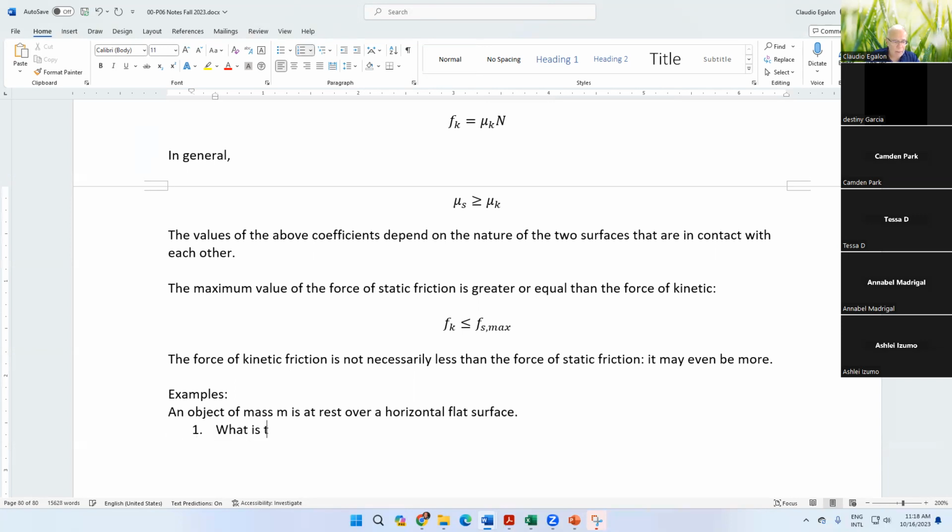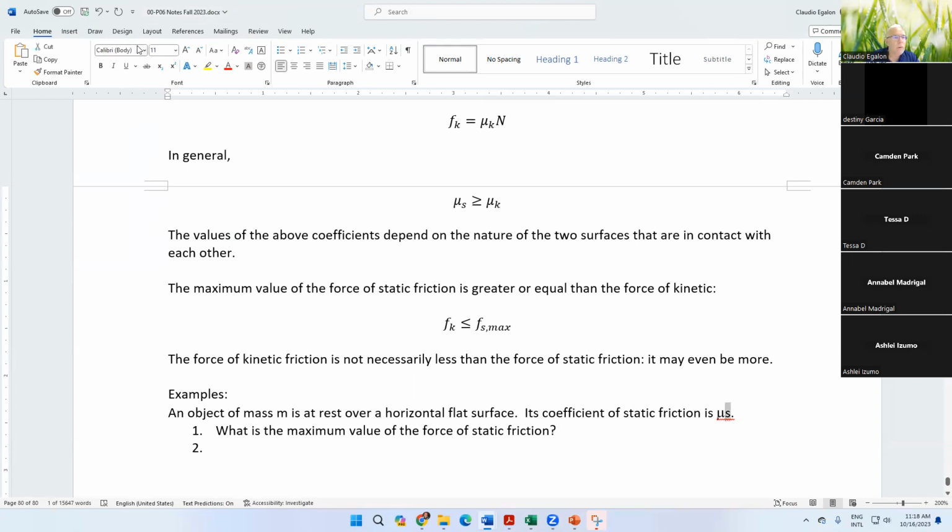What is the maximum value of the force of static friction?